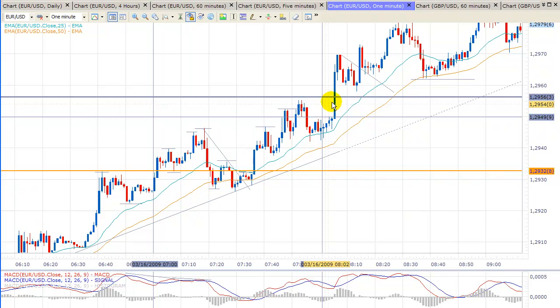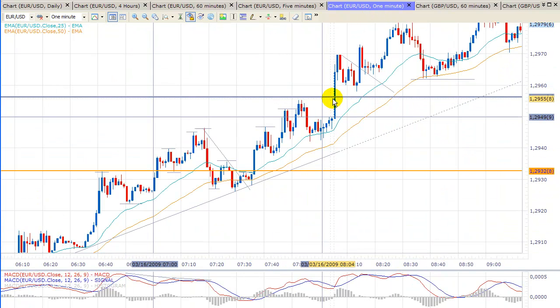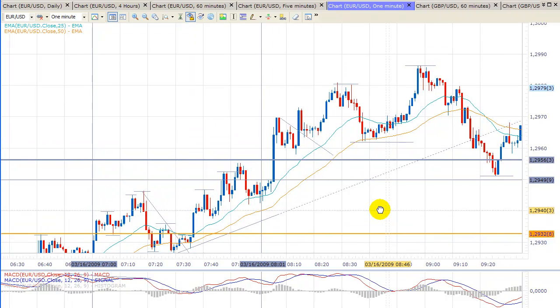I was very careful at this level, because we can see in the 60-minute charts that it has been the resistance level we talked about before. I closed one of the runners at this level, and I let the other one run.